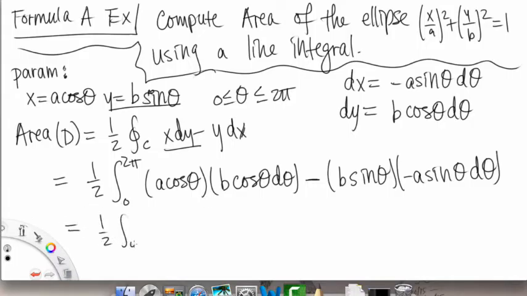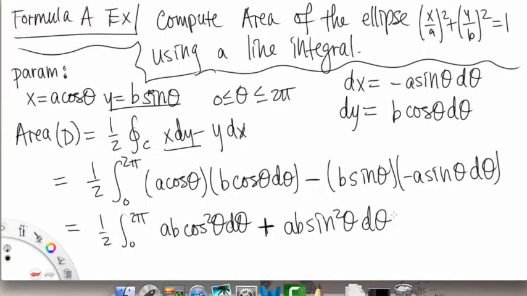So this is a 1/2 from 0 to 2 pi, and we can group things, right? So this will be a times b times cosine squared theta d theta, and then minus, but we have two minuses, so that becomes a plus, and then we have an ab again times sine squared theta times d theta.